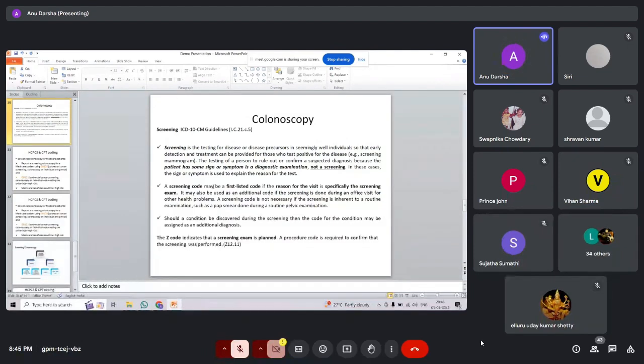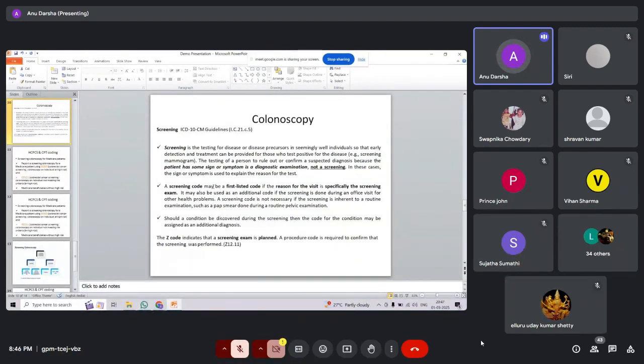That is about the personal history. Or a family history of the same: family history of adenomatous colon polyps or family history of colorectal cancers. If any one of these is yes, at least one, then we will consider the patient at high risk.